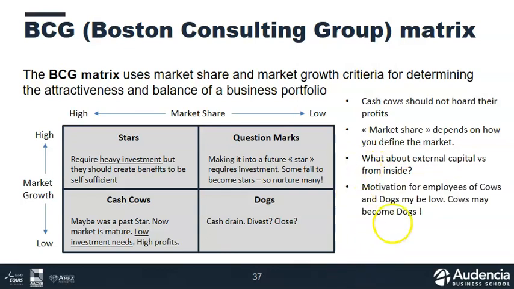Be careful with animals. Okay, so here we've got cows and dogs, right? The motivation for employees in these cows and dogs can be really low. Imagine you're working for a cash cow. You're making a lot of profit. You're proud of your company. It's a leading company.